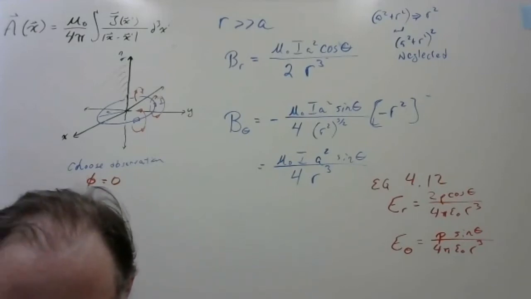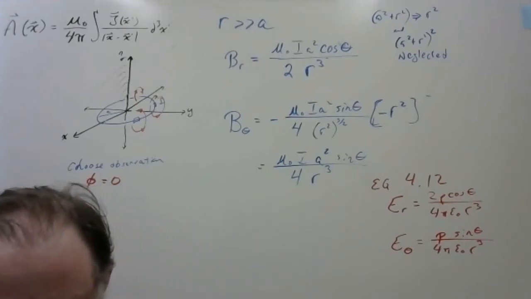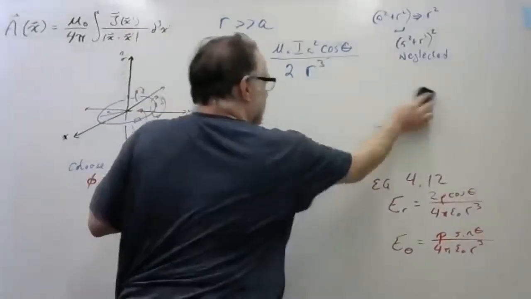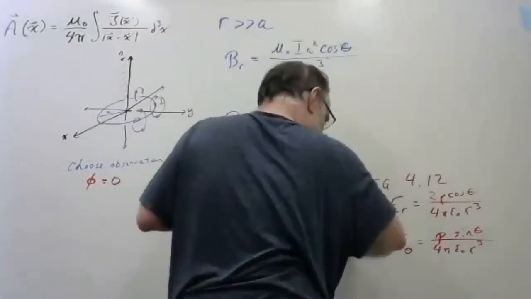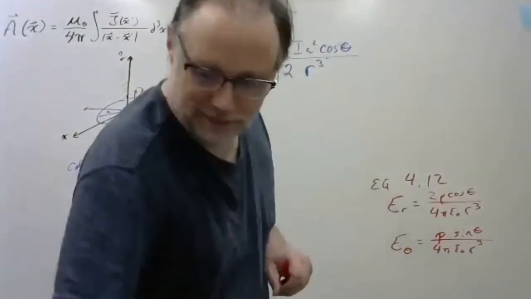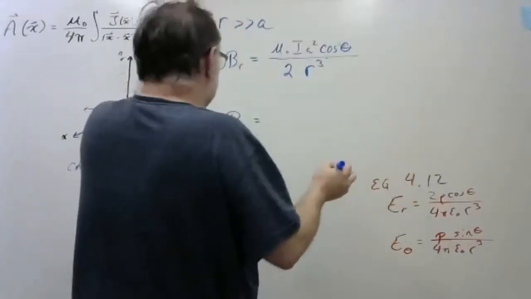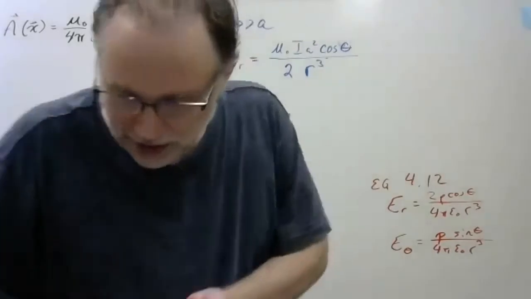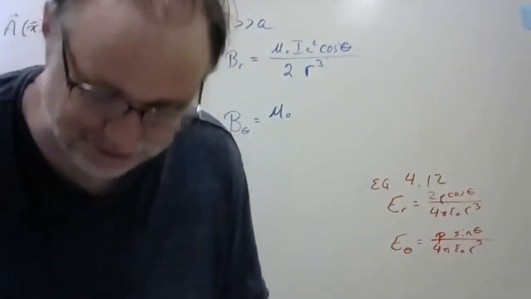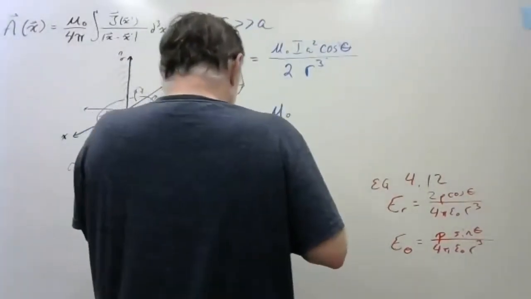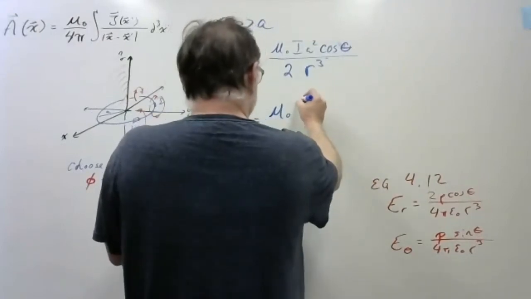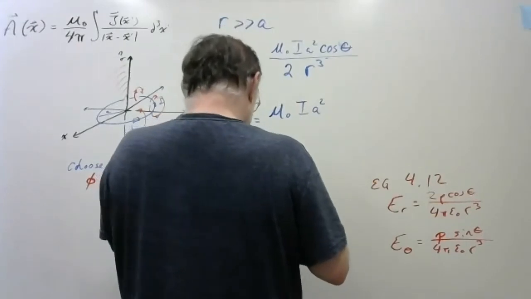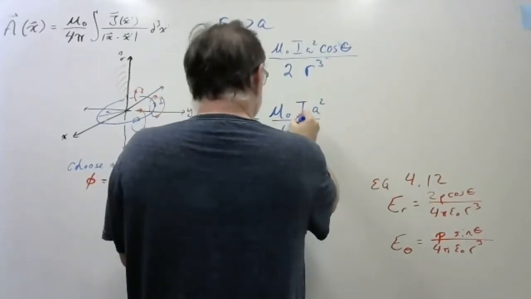So what we're going to do is define that. What this looks like is this. Let me rewrite these things. So this was mu naught I a squared over 4 pi.